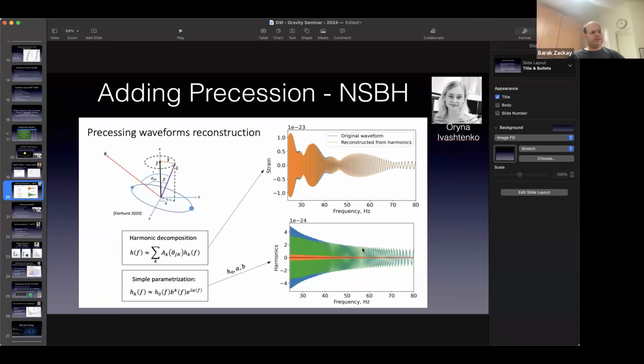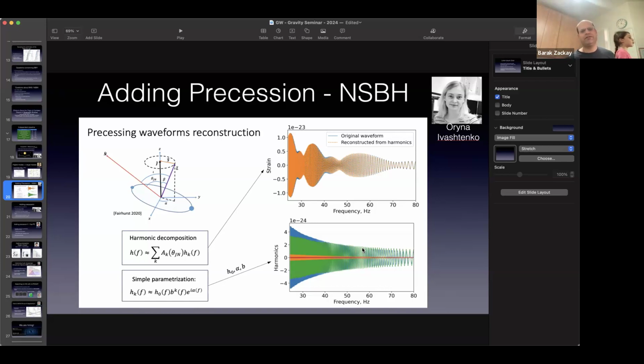Okay, so first of all, there are sometimes very high PN orders that are not such a small perturbation. So for example, the deformability is, I think, 5th PN order, right? But it is still important because the constant that it comes with is actually a big constant and not a small constant. So it can happen that you need a high PN order just for prosaic reasons.